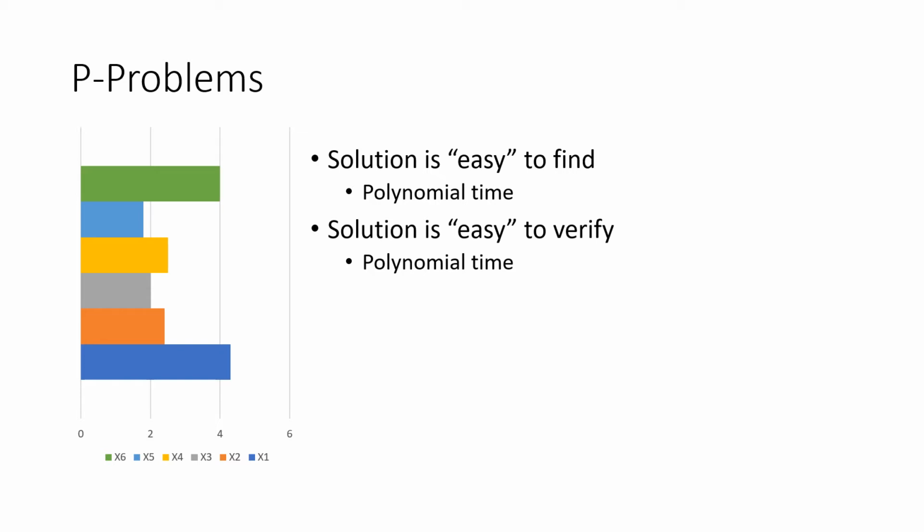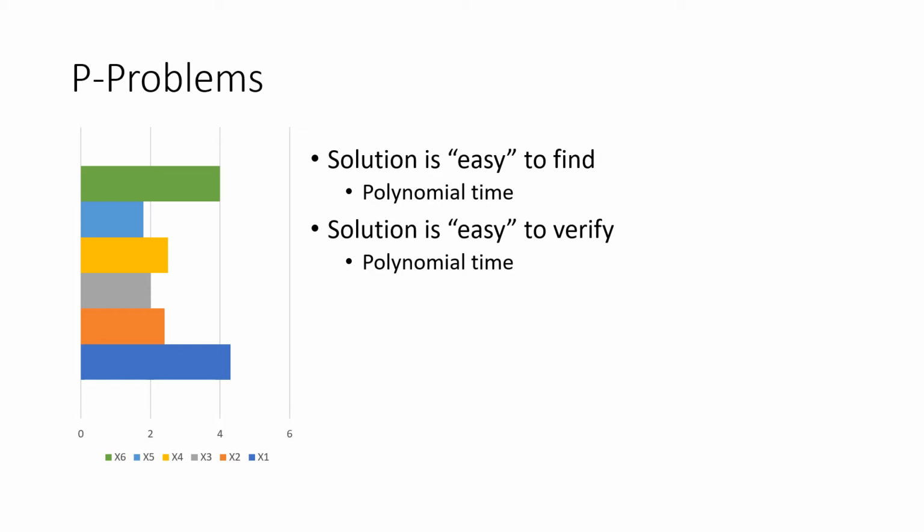So for instance, if I'm looking at just a graph, a chart of these things, and I want to find the smallest number in here, it's pretty easy to find it. As the number of options grows, it doesn't really get that much harder. I double the number of options that I have to look at, it doubles the complexity of the solution.